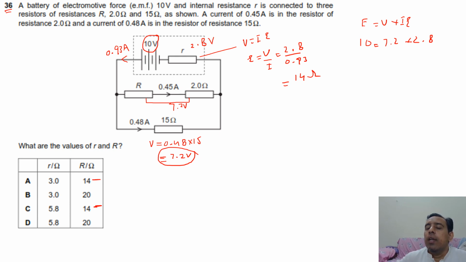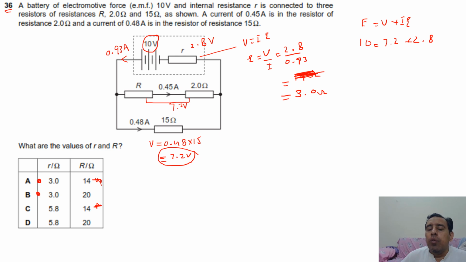No, it's not 14. Just divide it again. 2.8 divided by 0.93 is 3. Sorry, it's 3. So yes, option A or B is correct. Internal resistance is 3, not the external one. So look at here.